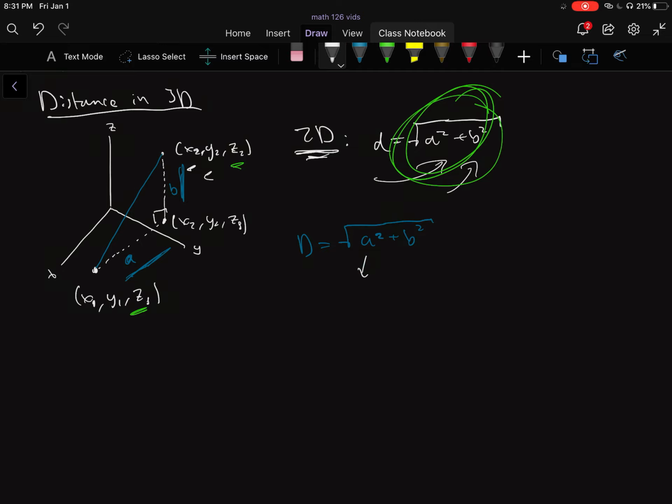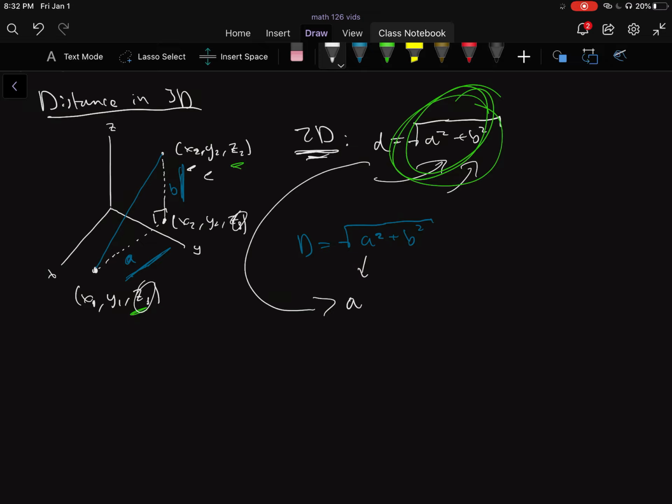So what we're doing really is breaking down this problem. The way we find a is we use our exact same original 2D formula. We're going to throw that back right there. We know that z is the exact same value. We know it's on the same level, so we can just ignore z now and use our original formula.